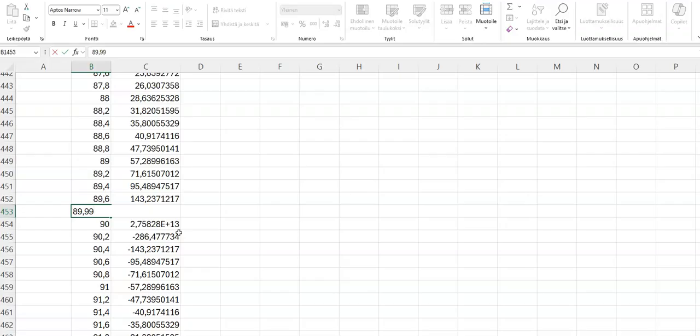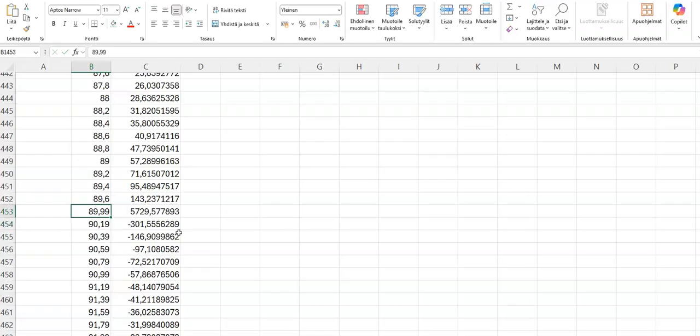I will take, for example, this kind of angle, and now you see this is over 5,000. Let's add decimals. Now it is 57,000. So you can imagine that you can get whatever value you like if you just change the value near to it.